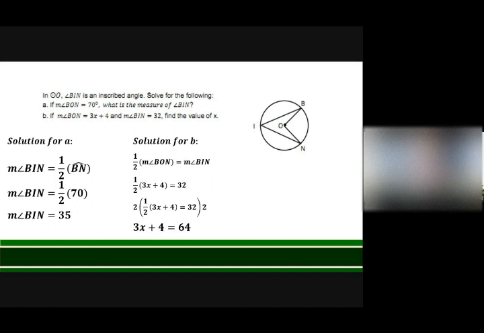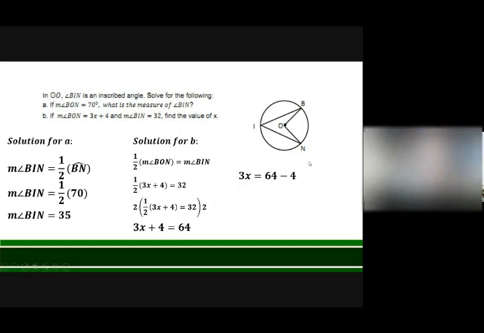Transpose natin yung 4 papunta sa right side. Kung positive 4 yan, pag nilipat natin, magkakaroon tayo ng negative 4. So, ngayon, meron tayong 3x equals 64. Okay?